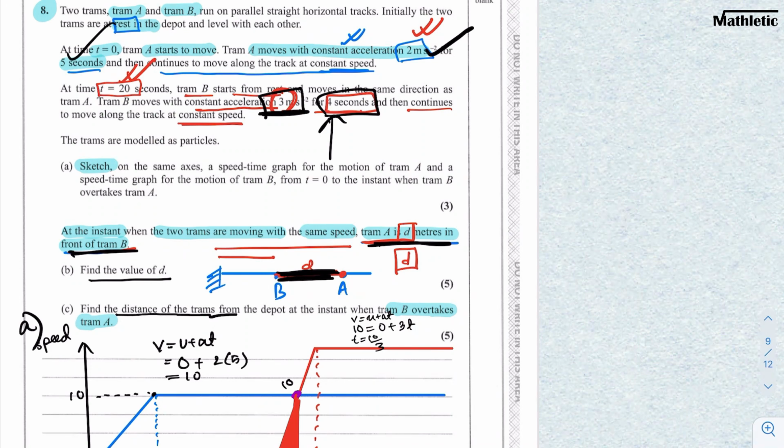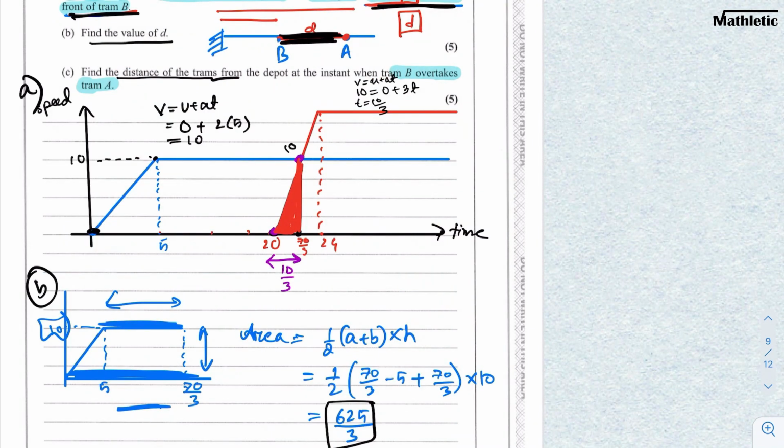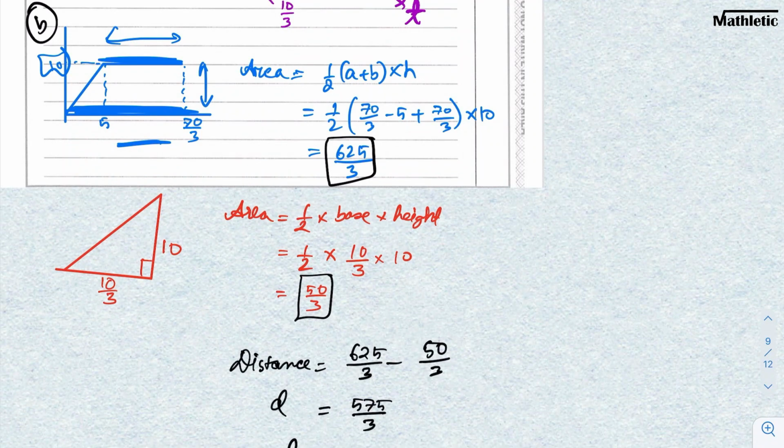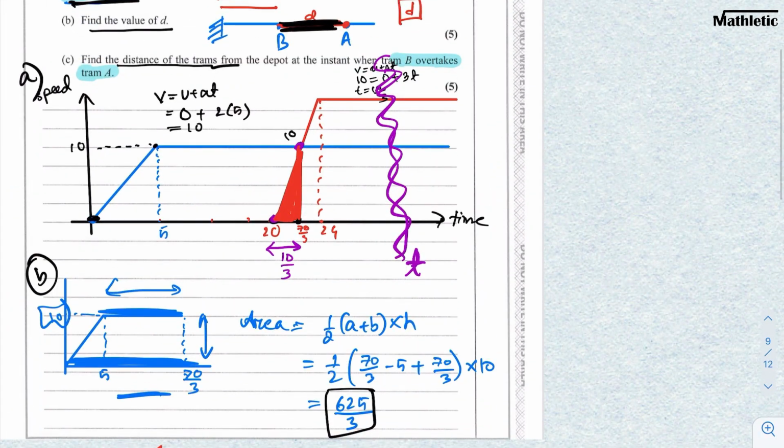Since we don't know exactly when and where this happens, let me assume a random location, and the time at that instant is small t, when B overtakes tram A. So the distance traveled by A and B at this point should be equal. We will find the area twice and equate them. You can use values directly from this initial diagram, or you can use separate diagrams like the one I did for part B. This makes things easier.